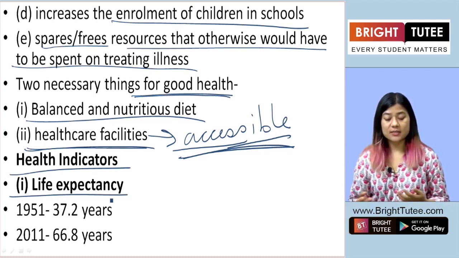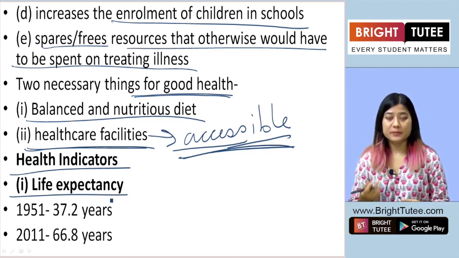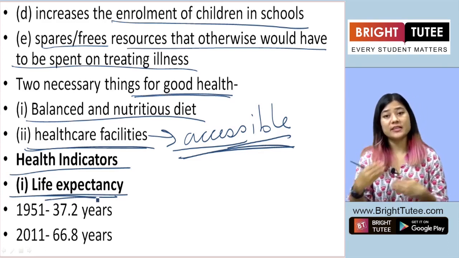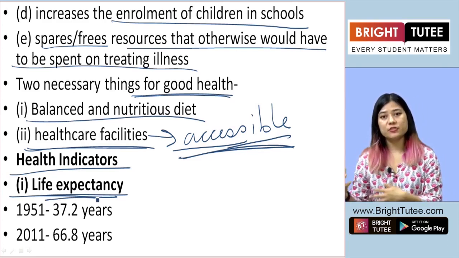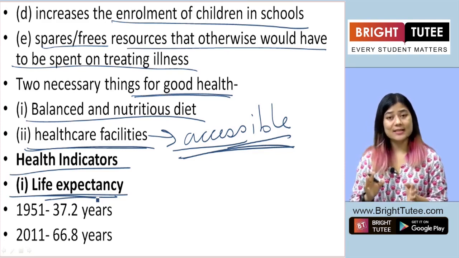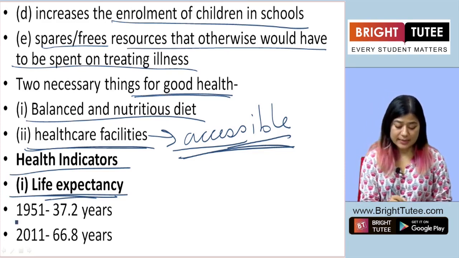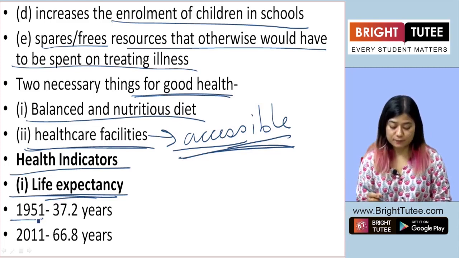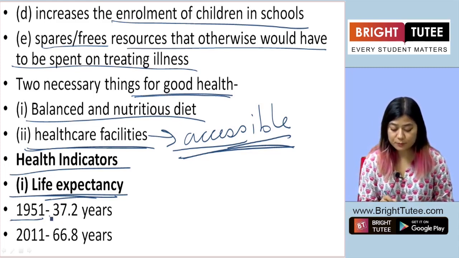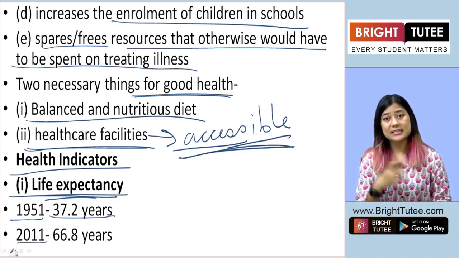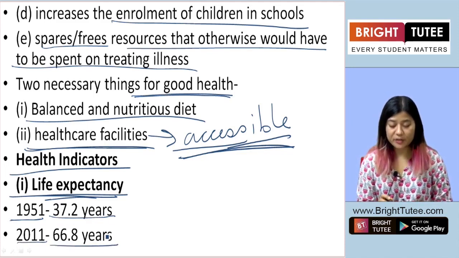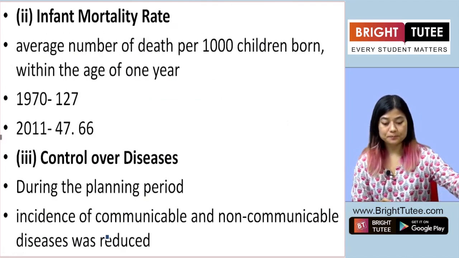It means how long people can live before he or she dies. That has also improved. In 1951, people could live for only 37.2 years. But by 2011, that increased to 66.8 years.